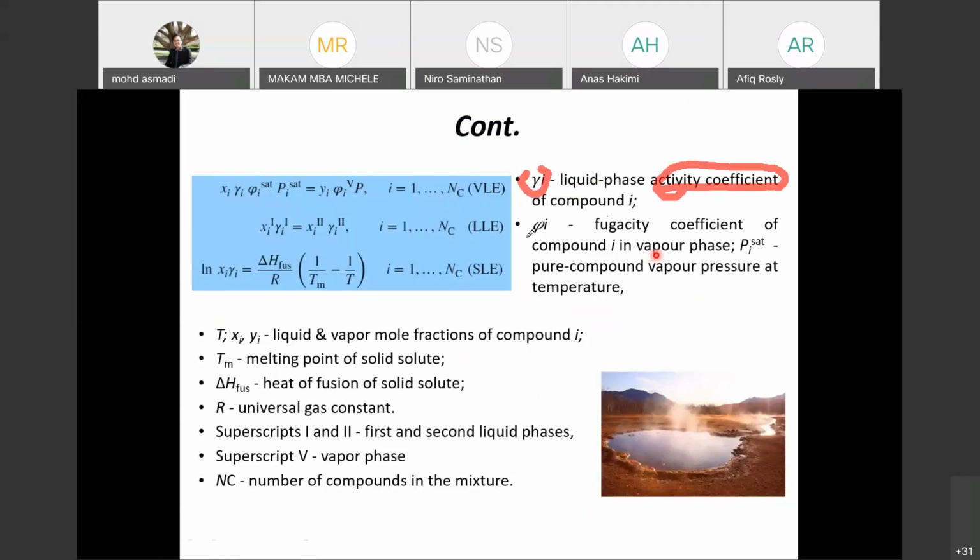Fugacity coefficient, this one, if you remember, phi of the compound i in vapor. Pi saturated is the vapor pressure of the pure compound. This one is the total pressure. And the mole fraction, this one in liquid and this one in gas.